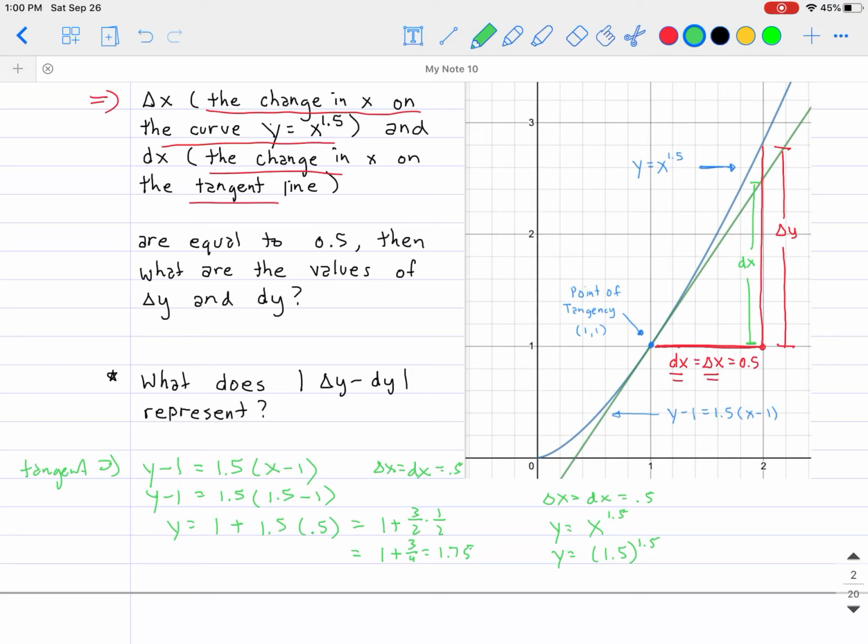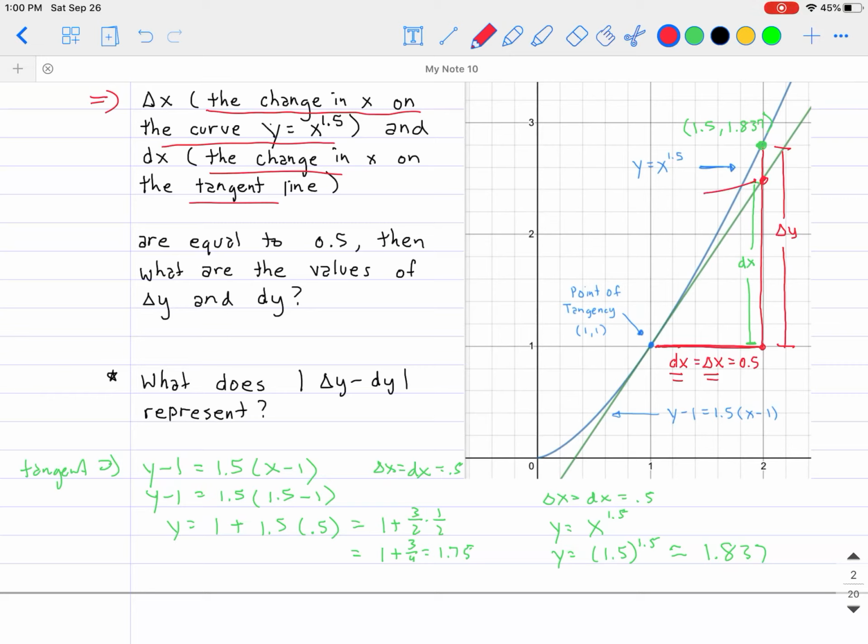I'm going to throw that into the calculator just to see what I get. And that is approximately 1.831. So that's the actual y value that's over here. Okay, so that's going to be the point (1.5, 1.831).